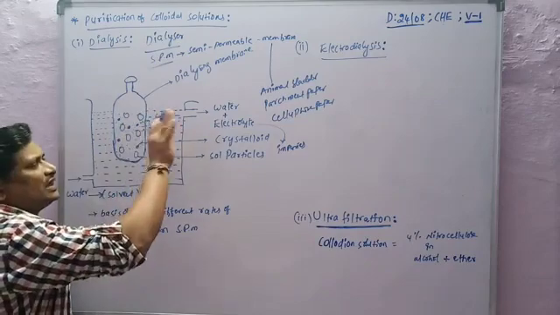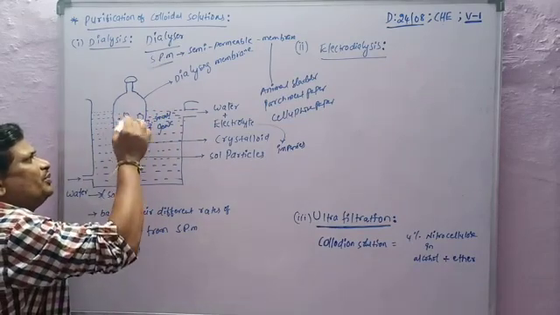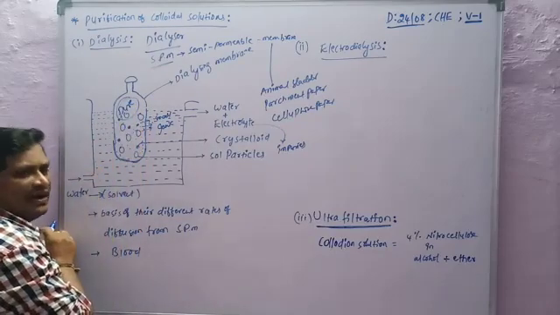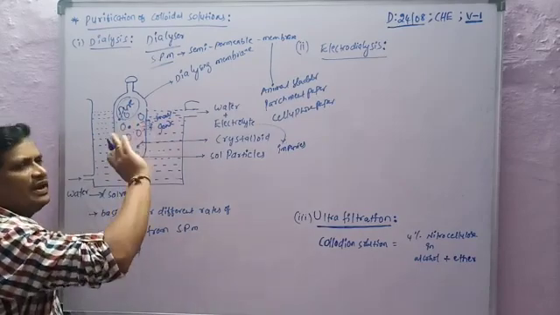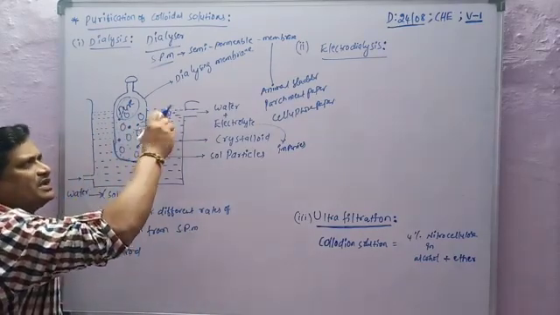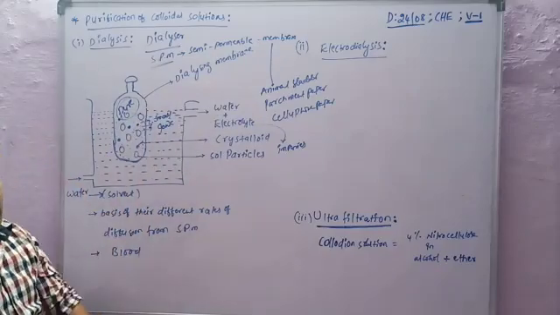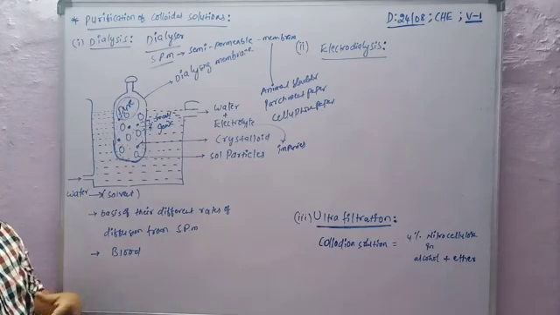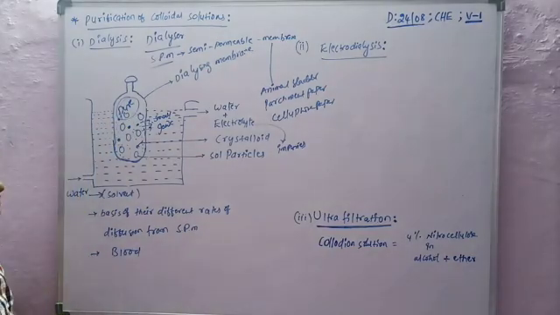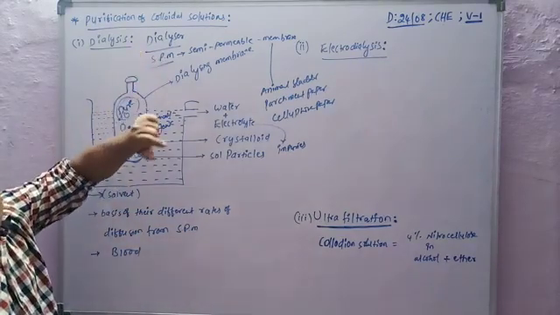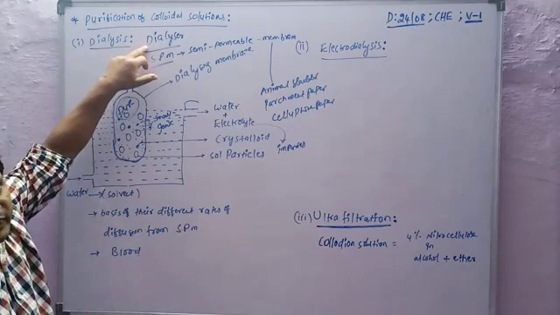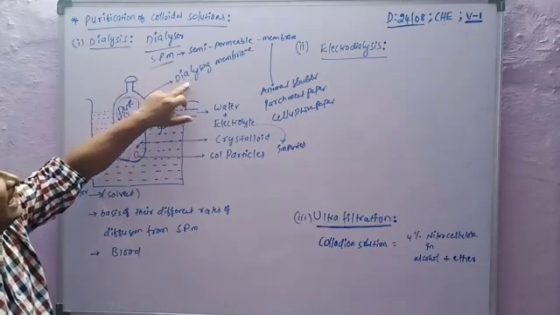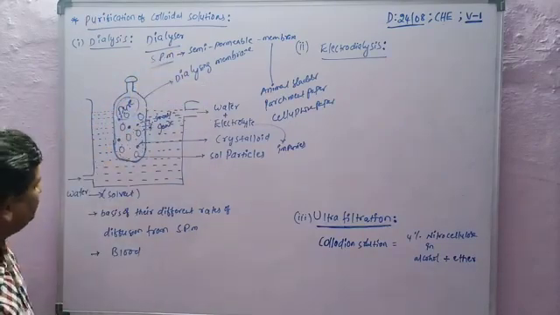So impurities are reduced from the colloidal solution, and pure colloidal solution is obtained in this device. The impurities are separated out, combined with water, and removed. Then the impure colloidal solution is converted into pure colloidal solution by the dialysis process with the help of the dialyzer, which is covered with a dialyzing membrane, that is, a semi-permeable membrane.